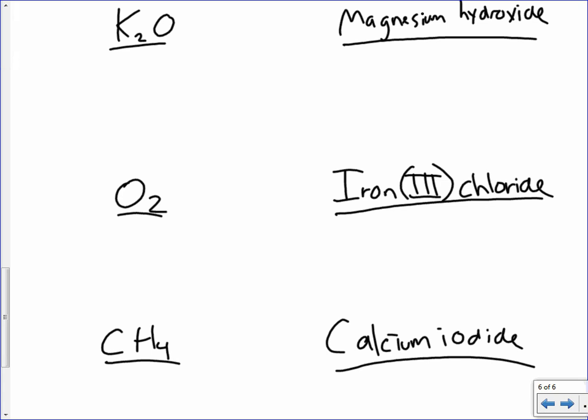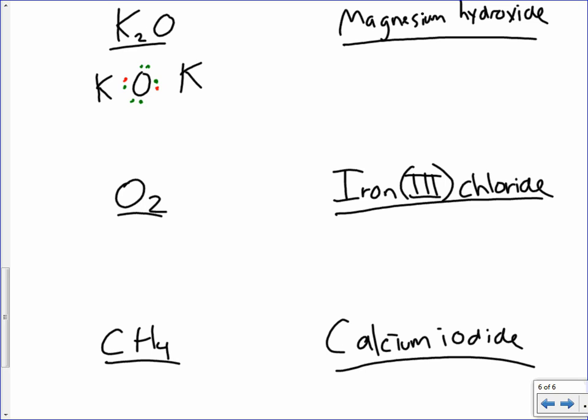Okay, first one, K2O. We got K, O, and K. This is ionic, metal and a nonmetal. So let's go ahead and draw in our valence electrons. Potassium's got 1. Oxygen, 1, 2, 3, 4, 5, 6. So what's going to happen here, these potassiums are going to give up their valence electrons to the oxygen.